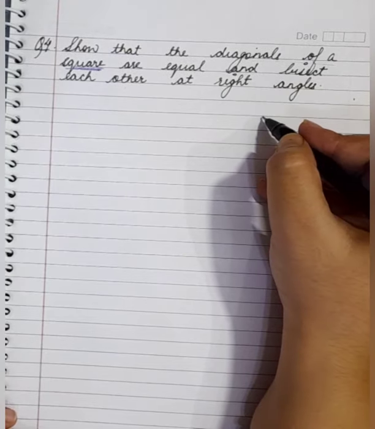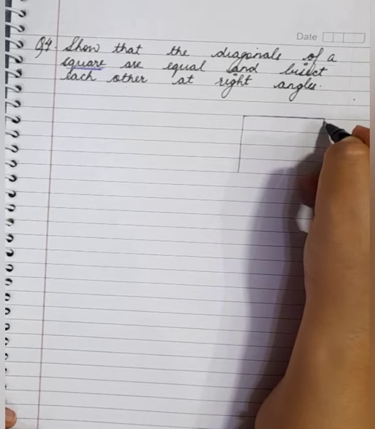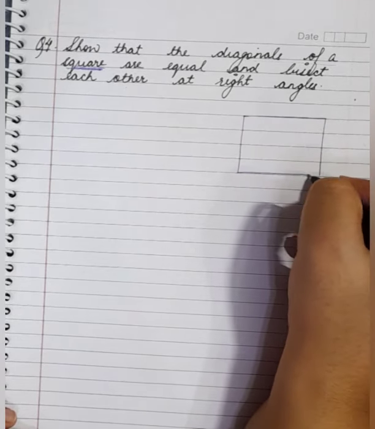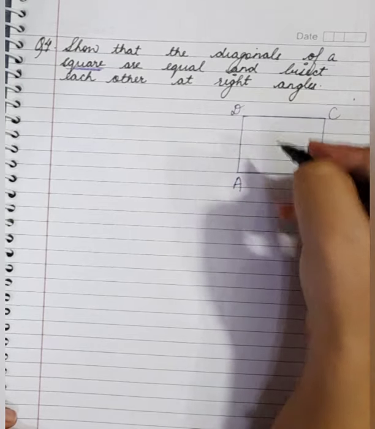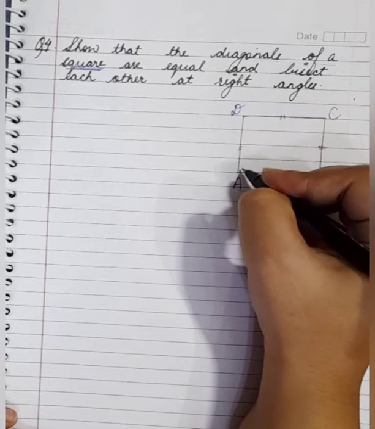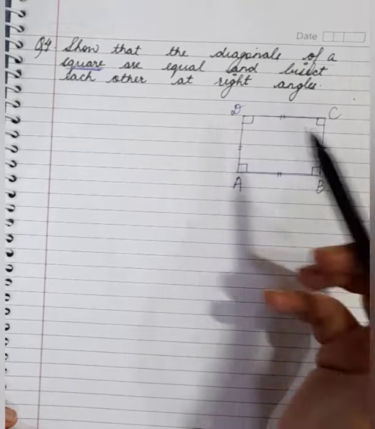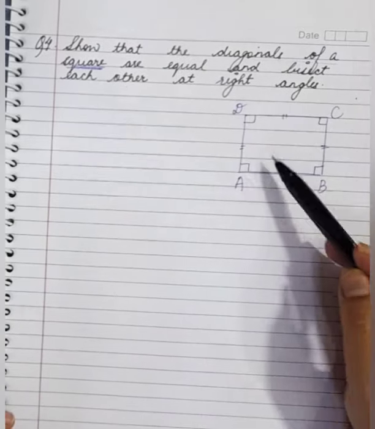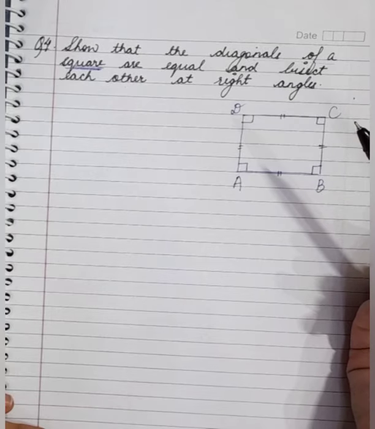First of all, I'll draw a square first. All the sides are equal and vertex angles are 90 degrees. We also know actually that the diagonals of a square are equal. We know this thing, but we need to prove this thing.